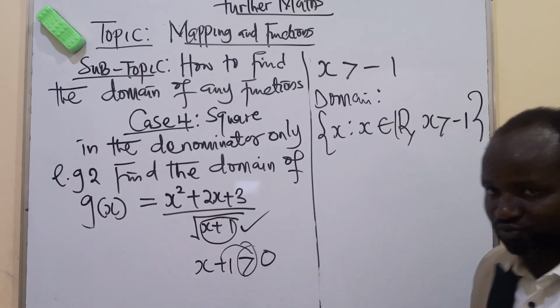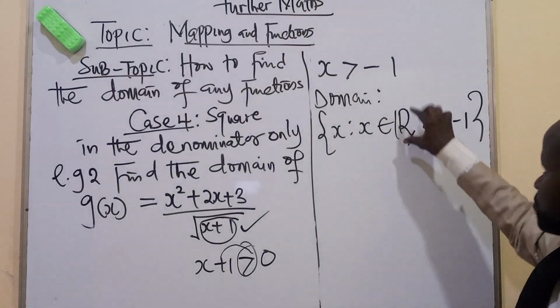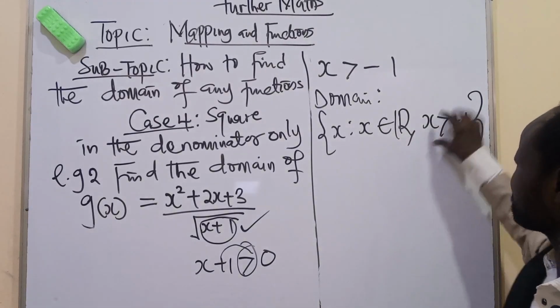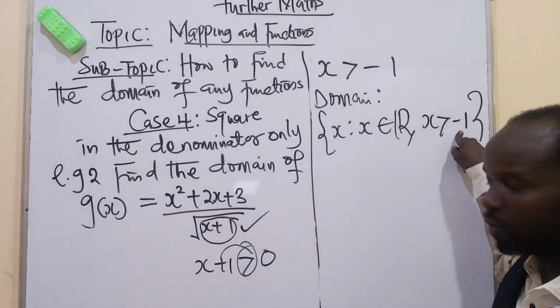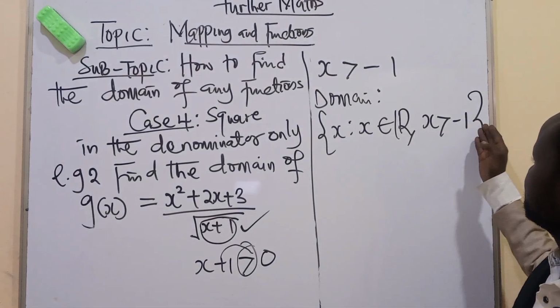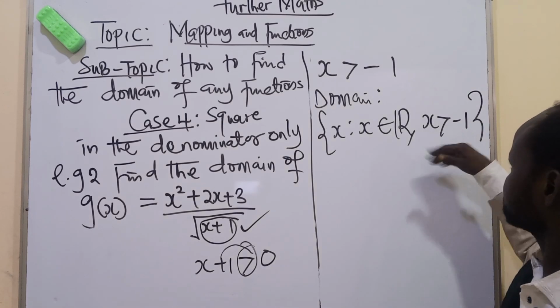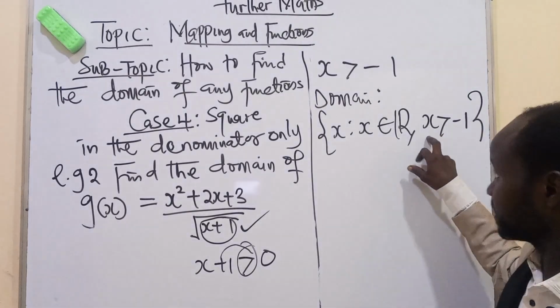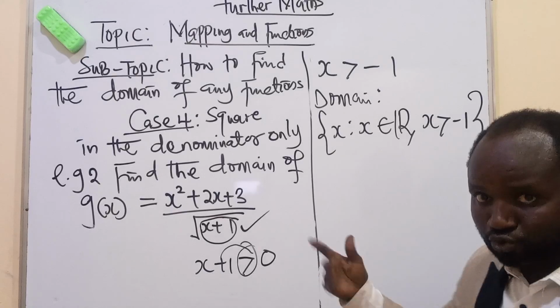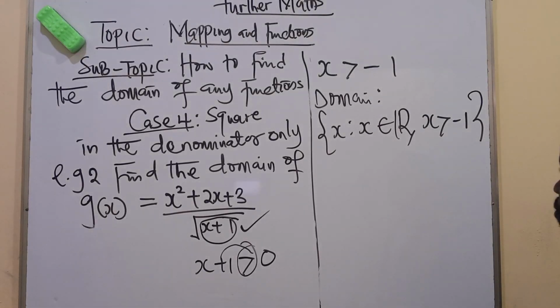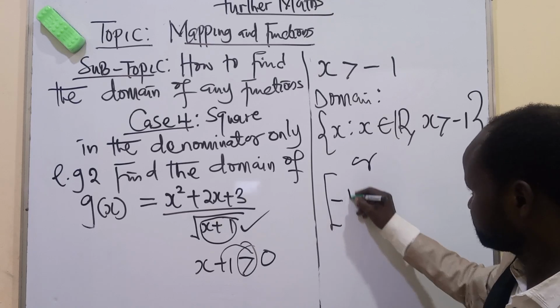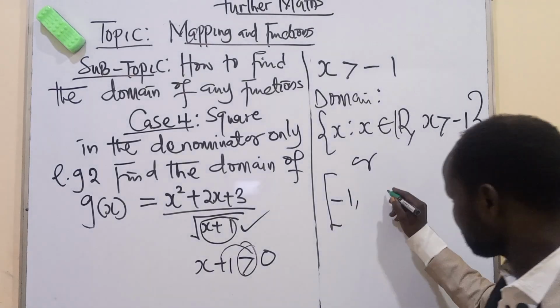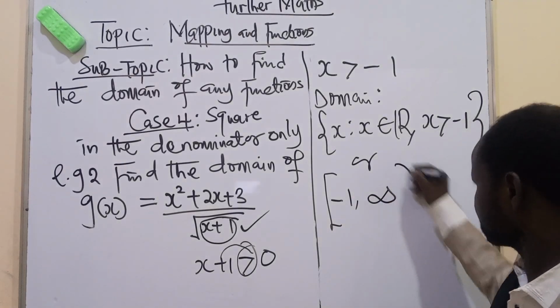So this will be the domain. X such that x belongs to the set of real numbers, but x must be strictly greater than minus 1, meaning x must not be minus 1. But any number more than minus 1 can take a value of x, like 0, 1, 2 in that order. So in other words, we can state it as minus 1 not included, but positive infinity is in.